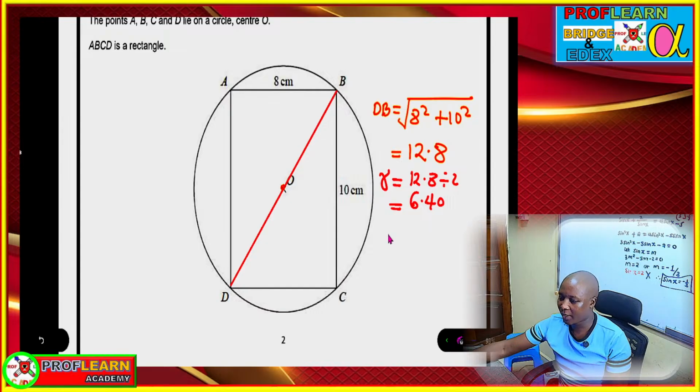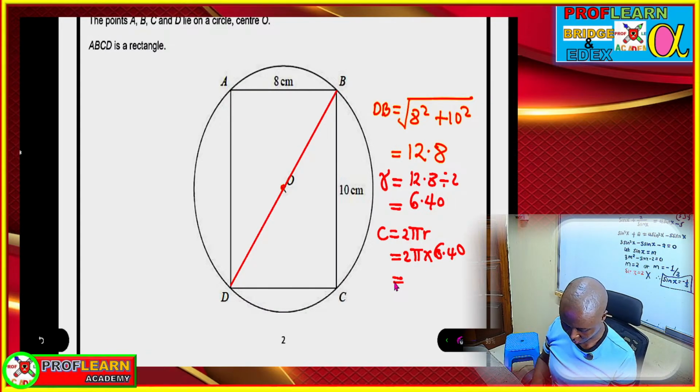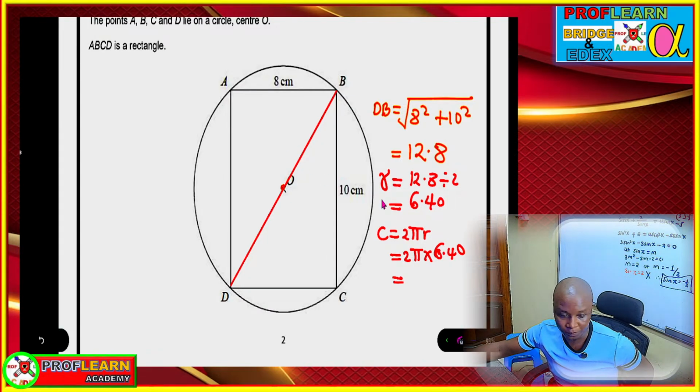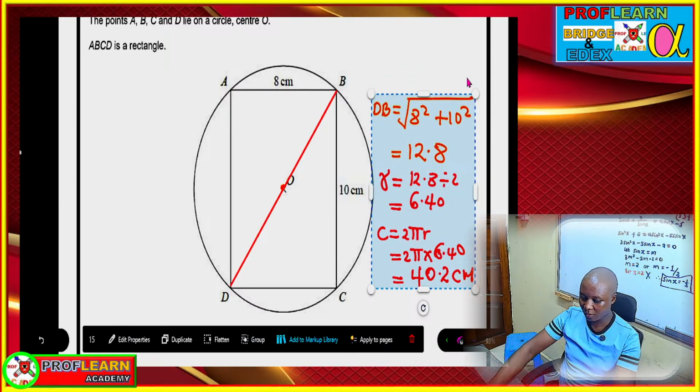Alright, then I can say the circumference is equal to 2 pi r, and that's going to be 2 pi times the radius, which is 6.40. If we work it out, 2 pi times 6.4, the answer becomes 40.2. 40.2 centimetres as the circumference of this circle.